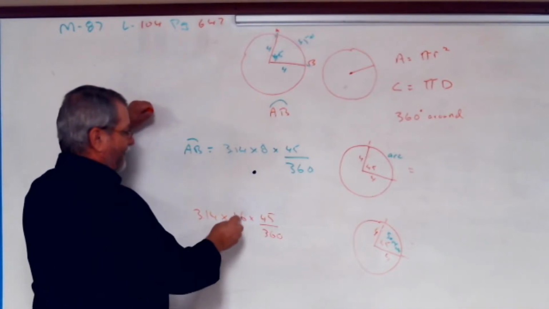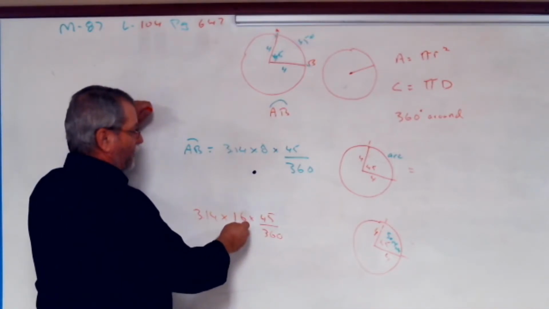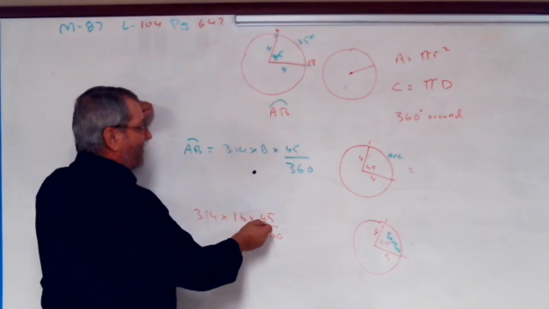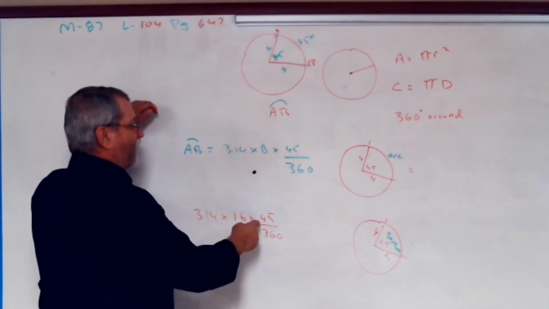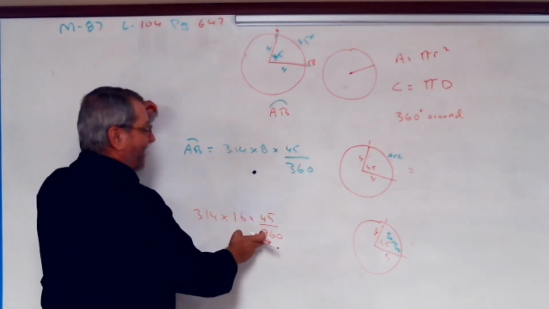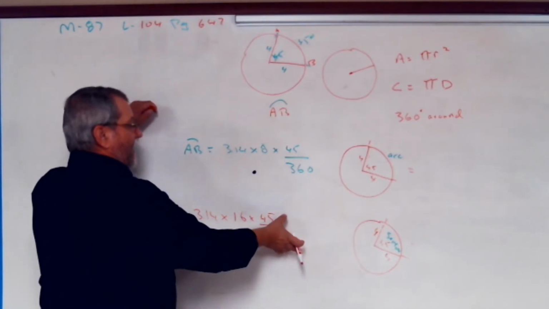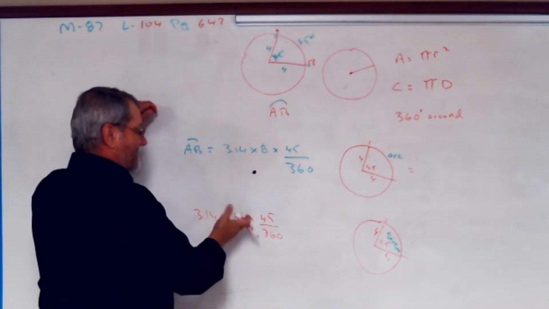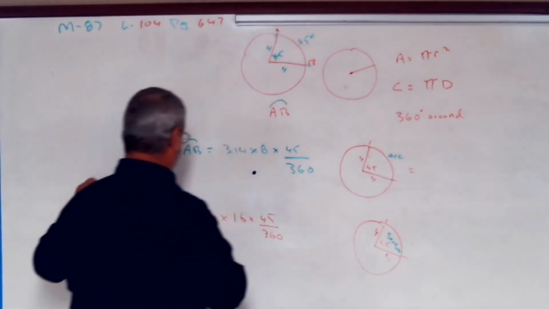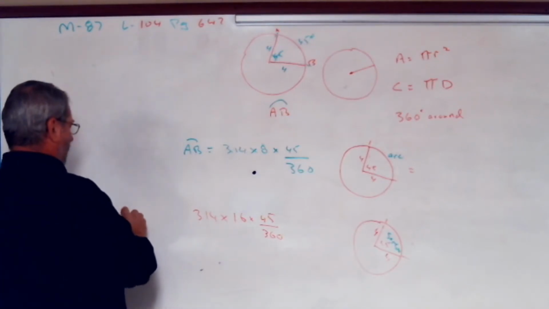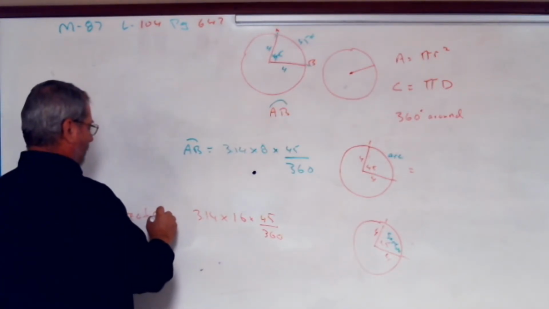Okay, so I take and I find the area of the whole circle, and again, I multiply it by the degrees that I have in relationship to the whole circle. I only want 45 degrees out of 360. Again, reduce, cross-cancel anything you can, multiply. That will give you the area of the sector. This is the area of the sector.